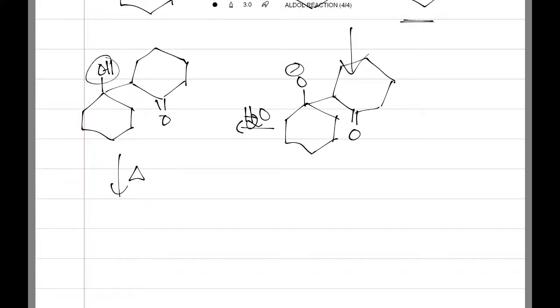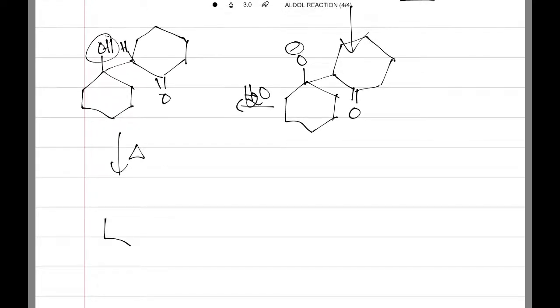From here it is OH, from here it is hydrogen. So we can get this product. This is a double bond between the two cyclohexane rings. So this is the product of the reaction.